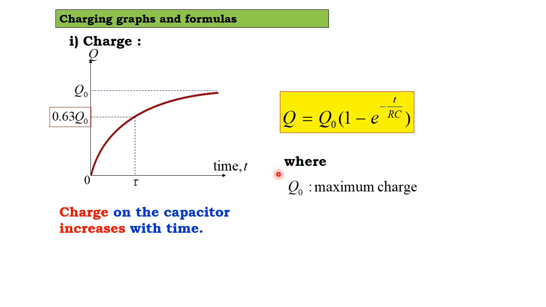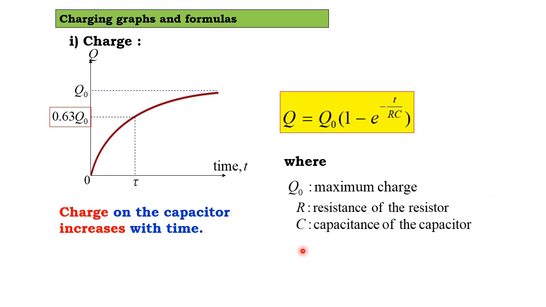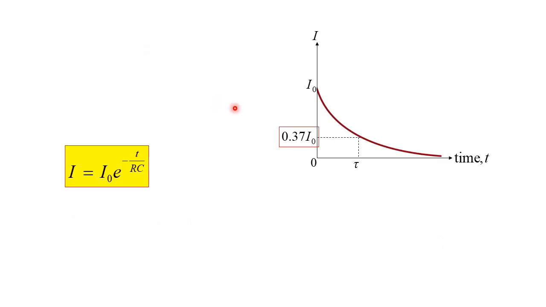You can use the equation for the charging graph, where Q equals Q naught times 1 minus e to the negative T over RC. Q naught is the maximum charge, R is the resistance of the resistor, and C is the capacitance of the capacitor.